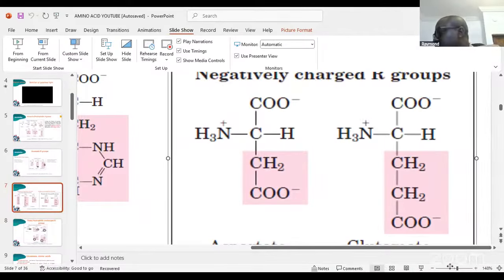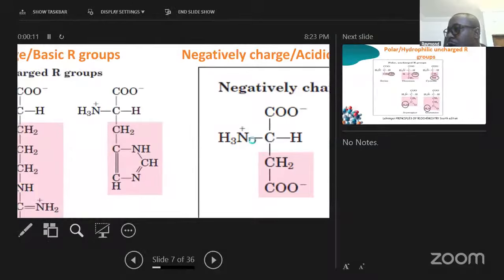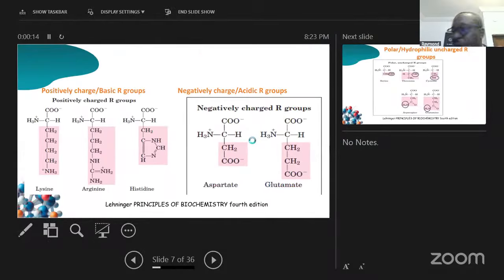Is it better? Okay, I think I can actually zoom in.